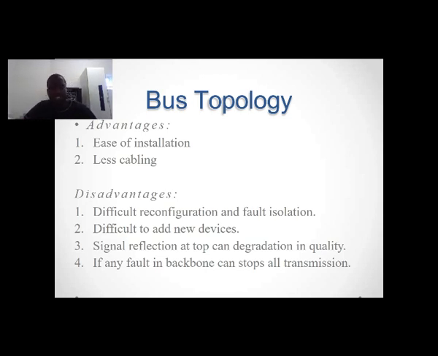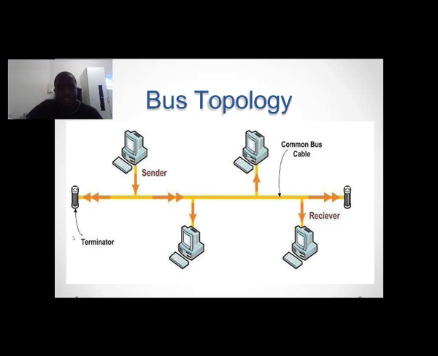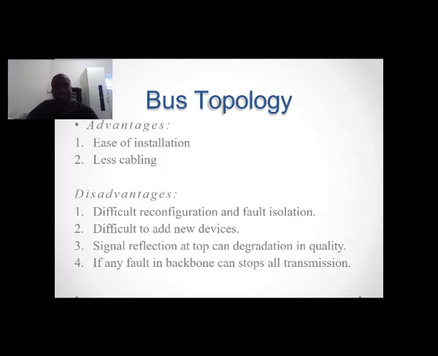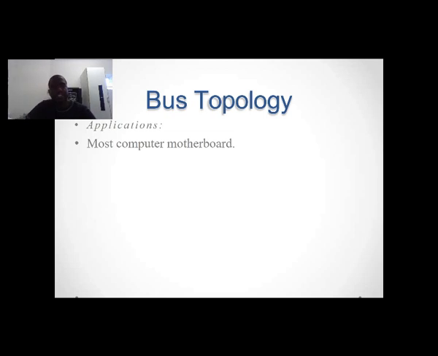It's also difficult to add new devices. And then signal reflection at the tap can degrade the signal quality. And if there is any fault in the backbone, all transmission can stop. That's another disadvantage. So if this main cable breaks down, the whole network will not be able to work. Those are some of the disadvantages.